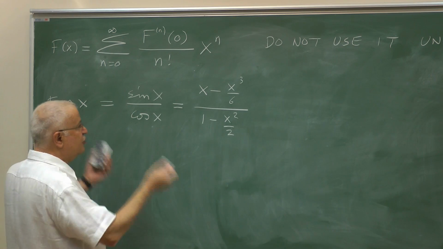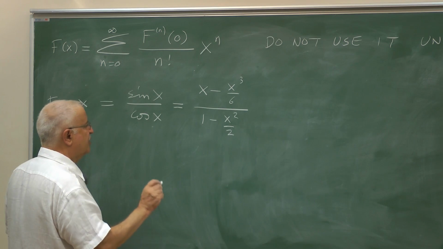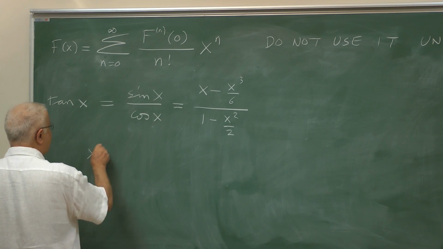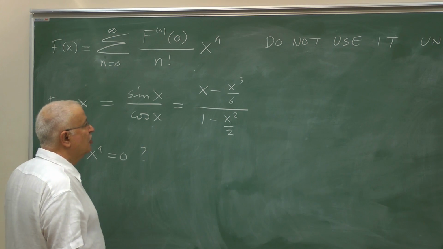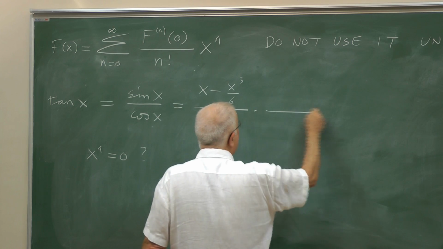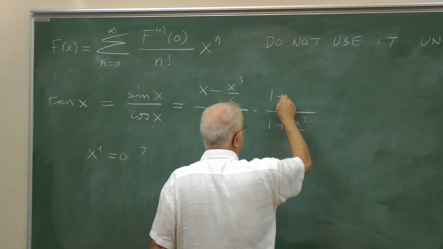Of course, higher terms like x to the fourth we disregard. So x to the fourth equals 0, kind of thing. So what do I do? I multiply top and bottom by 1 plus x squared over 2.